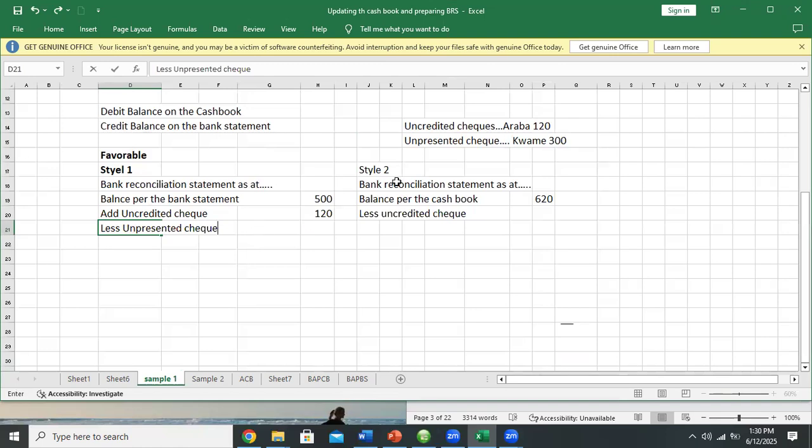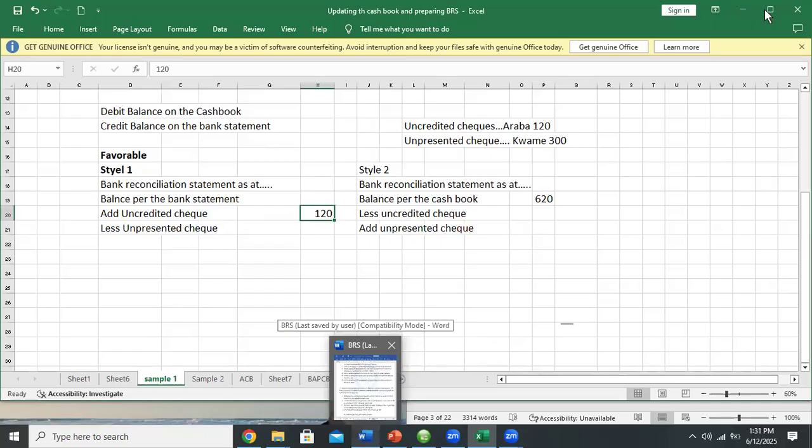But if you begin with the balance per the cash book, you add unpresented checks. And I hope my professors appreciate this. So it's on this basis that we have the format of the bank reconciliation statement as follows.